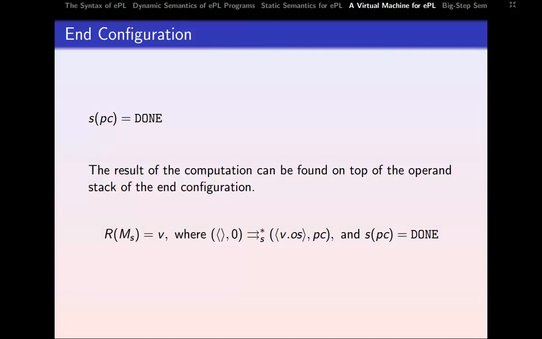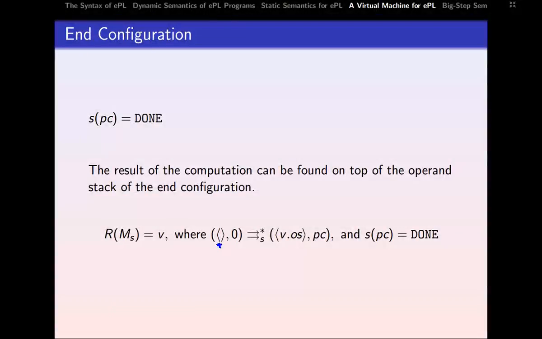So the result of the machine is a value V, right? Where if we start from an empty stack, this is how we denote the empty stack, and a program counter of 0, meaning that we're pointing to the first instruction of the program, we can transition by reflexive and transitive closure to a stack with V at the top and some value of the program counter such that the instruction residing there is done.